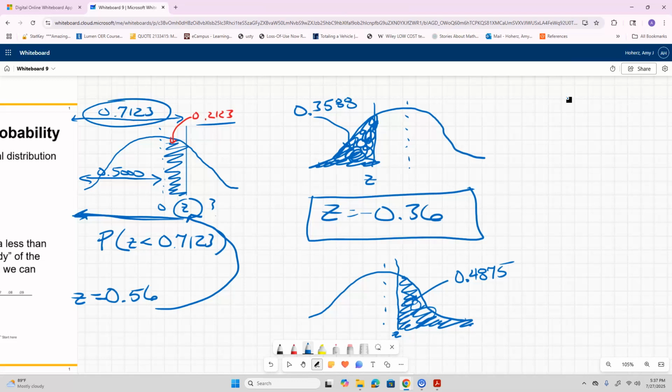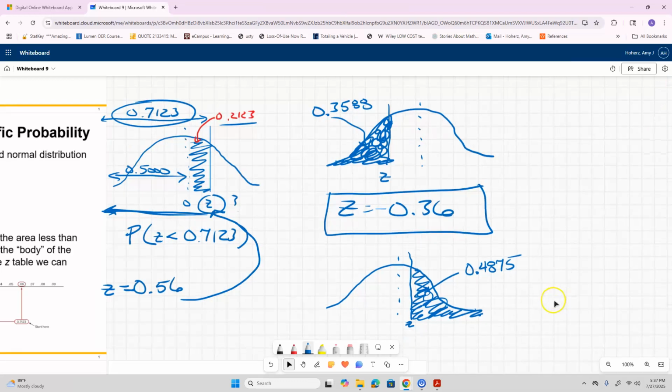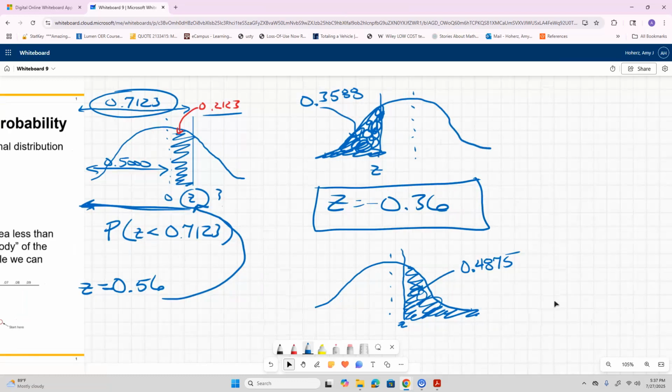Okay. Now this is close to what we want on the chart, but it's still giving us to the right, not to the left. The chart gives us to the left. So for this one, we're going to have to look, what does that leave us from here down? So if we take 1 minus 0.4875, we're going to get 0.5125.